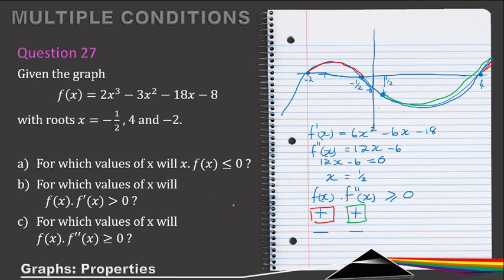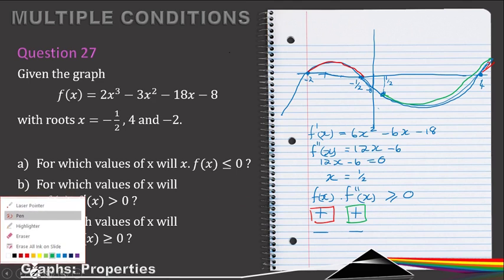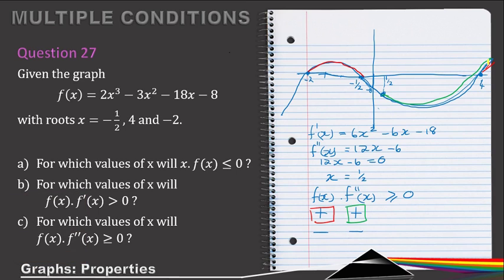So the only condition where both of these apply is here, where x is greater than 4. But remember this is greater than or equal to 0, so it includes this root here, so it's where x is greater than or equal to 4.